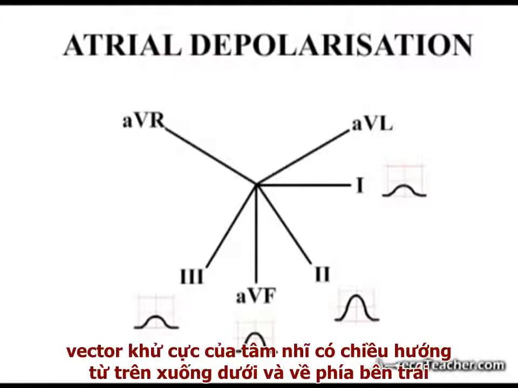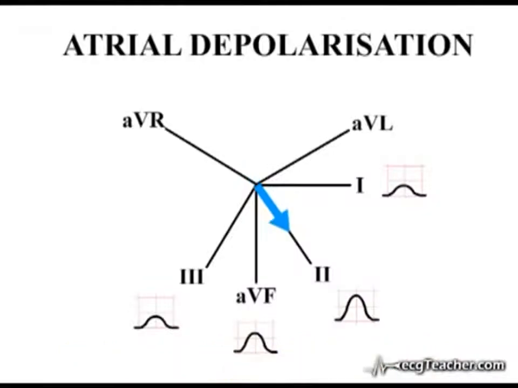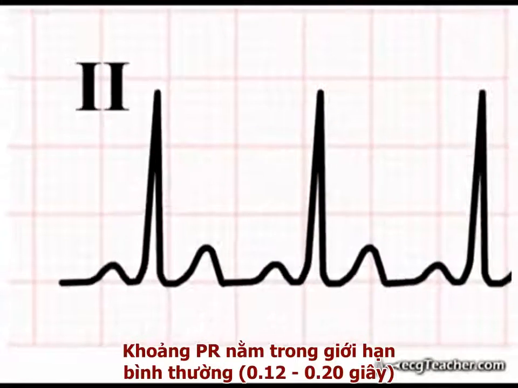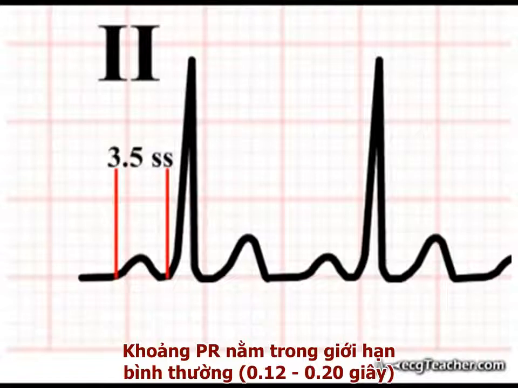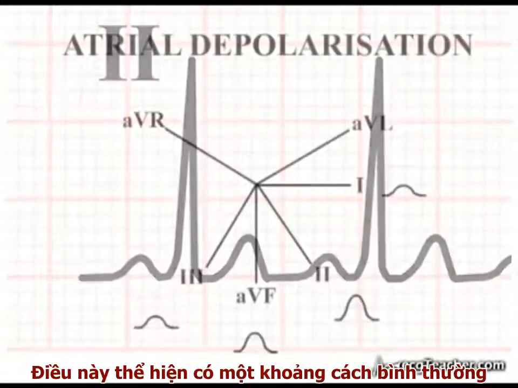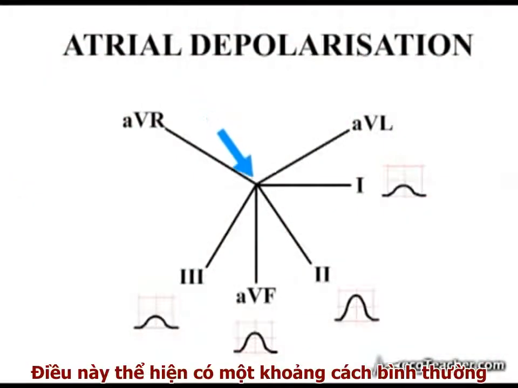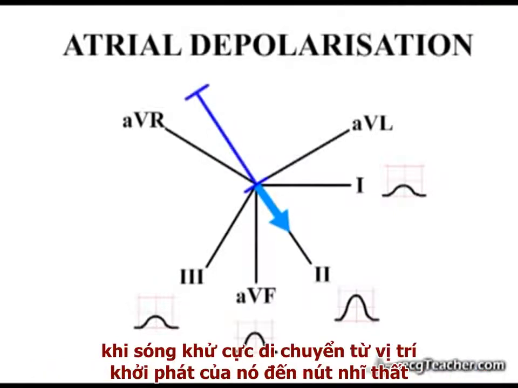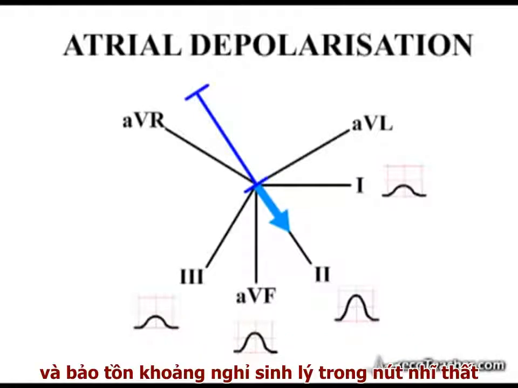This indicates that the bulk of atrial depolarization is proceeding downwards and to the left. Also, the PR interval is within the normal range. This is at least consistent with a normal distance travelled by the atrial depolarization wave from its origin to the AV node, and preservation of physiological delay within the node.